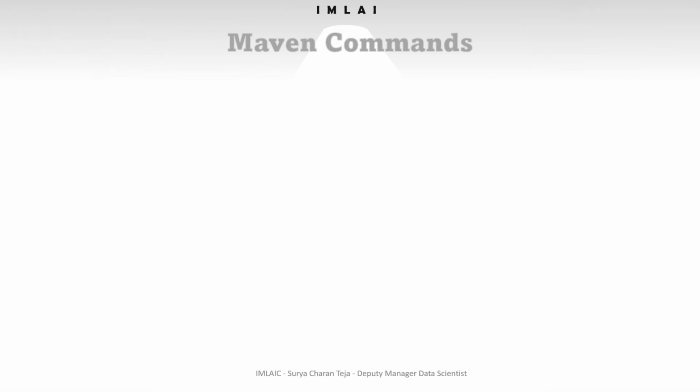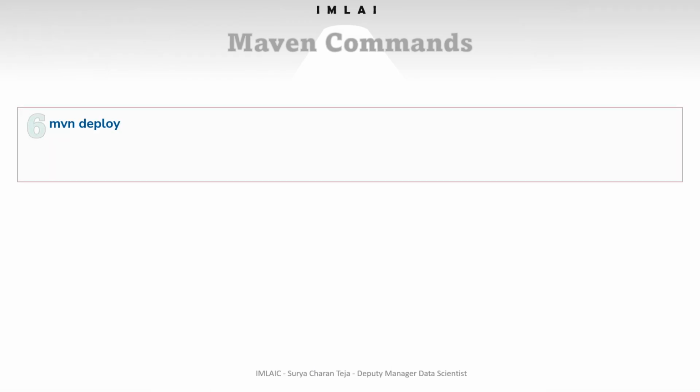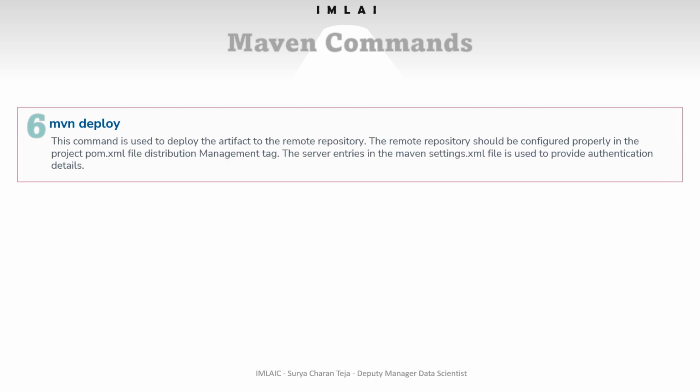Then we have the sixth command, mvn deploy. This command is used to deploy the artifact to the remote repository. The remote repository should be configured properly in the project pom.xml file's distributionManagement tag. The server entries in the Maven settings.xml file are used to provide authentication details. Anyway, we are not going to do this in this exercise.